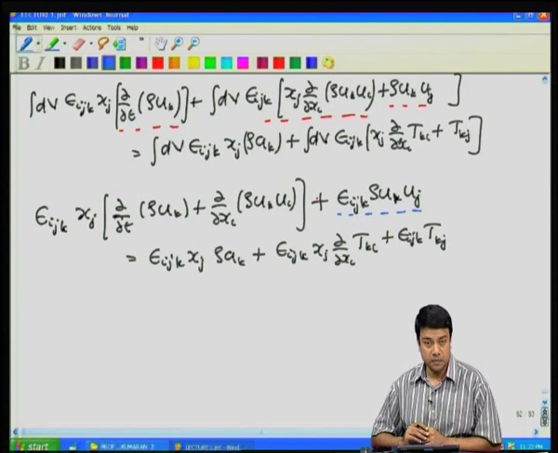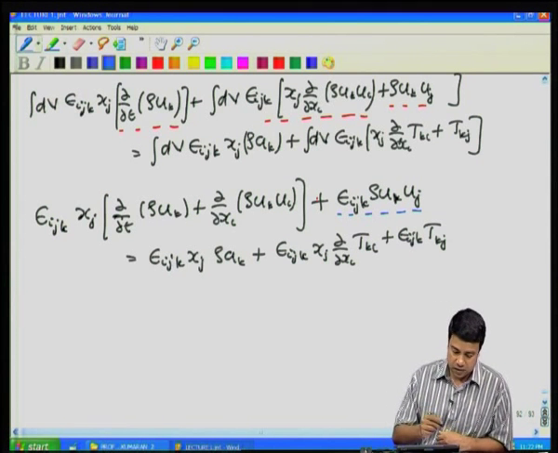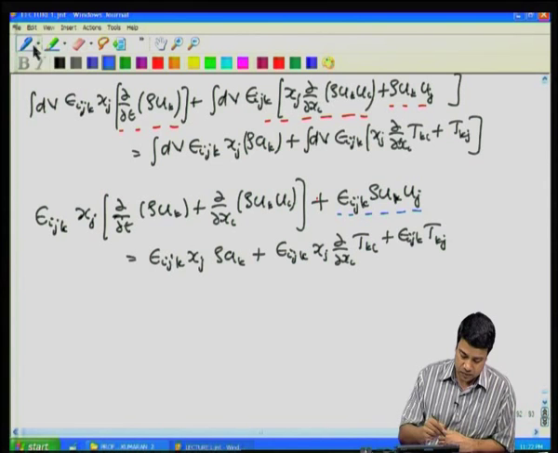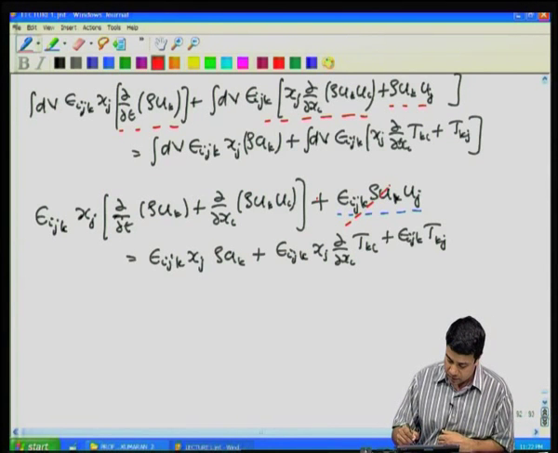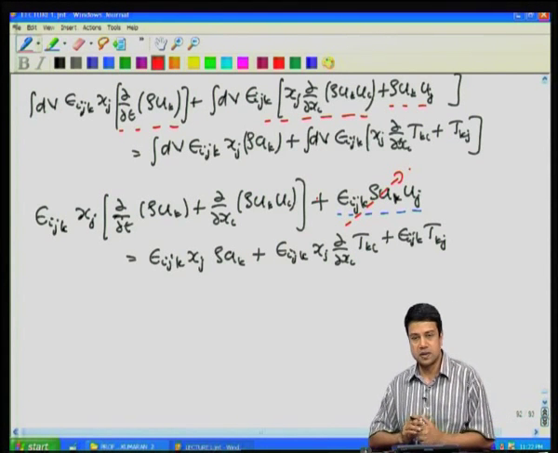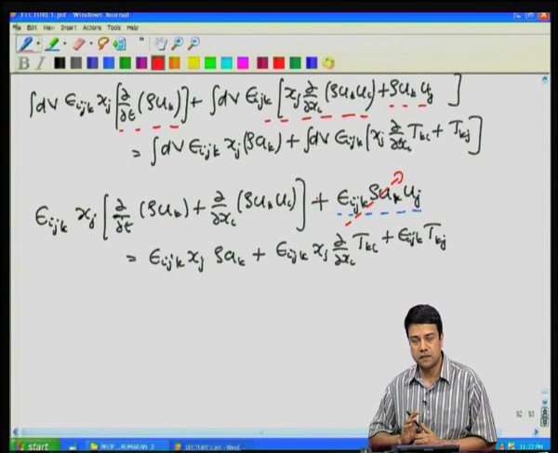So, I have this double dot product of an antisymmetric tensor epsilon with a symmetric tensor rho u_k u_j. Okay. And as we had discussed earlier, the double dot product of a symmetric and antisymmetric tensor is equal to 0. Okay. So, this term now is equal to 0, because it is the double dot product of an antisymmetric tensor, that is the antisymmetric tensor in j and k, and the symmetric tensor, which is u_k times u_j.